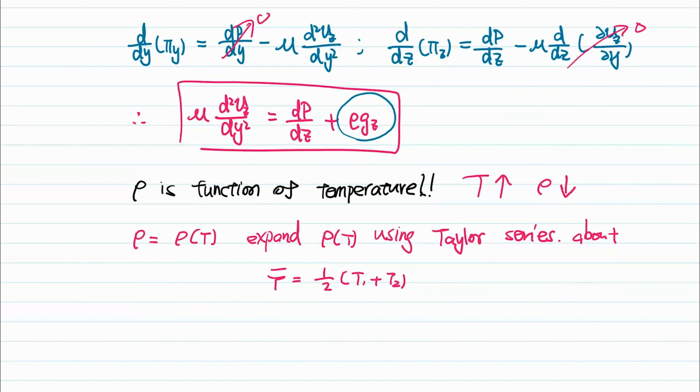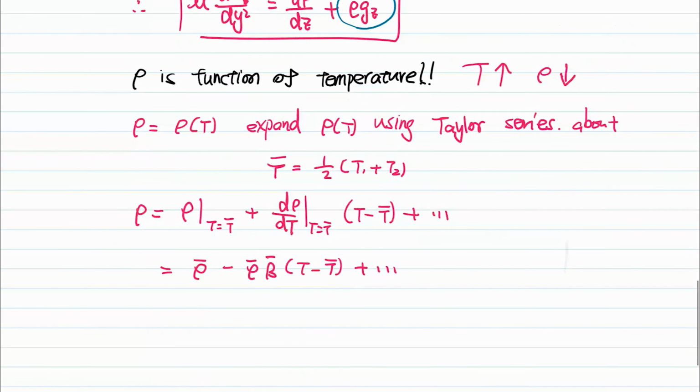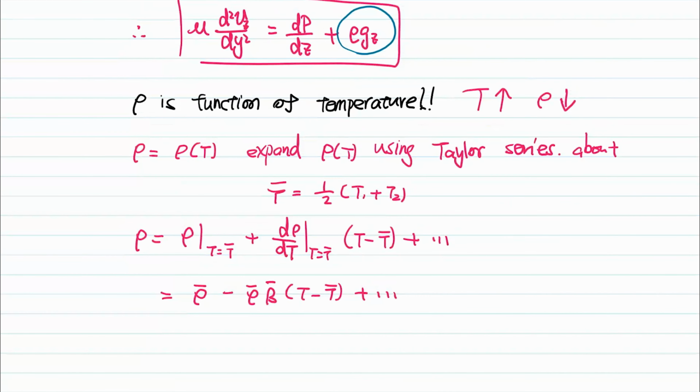So rho equals rho at T equals T bar, plus d rho dT at T equals T bar times (T minus T bar), plus etc. We'll write that as rho bar minus rho bar beta times (T minus T bar), etc. And we'll neglect the terms after the first derivative.